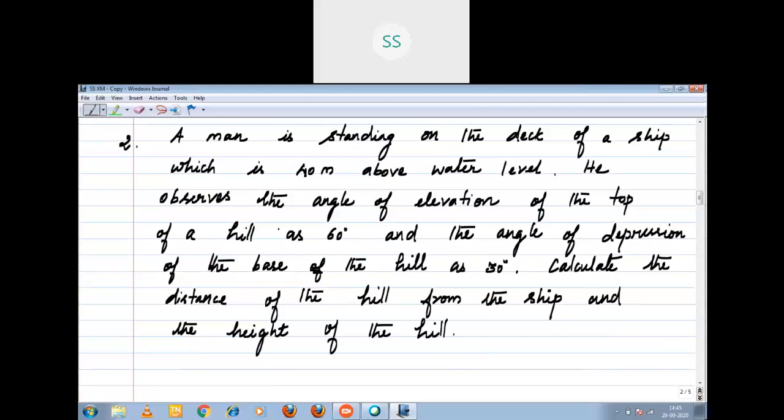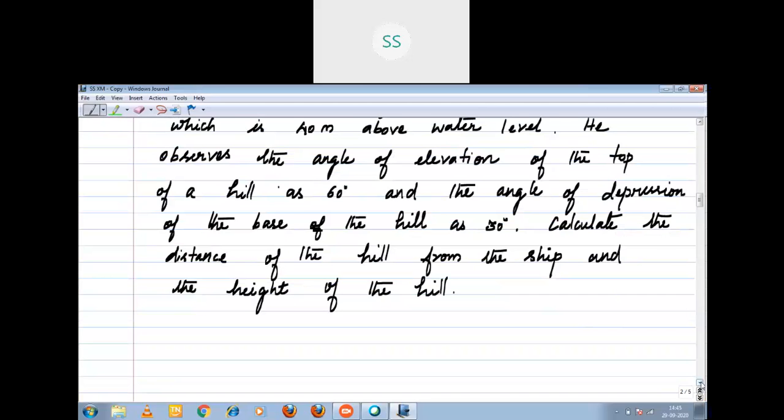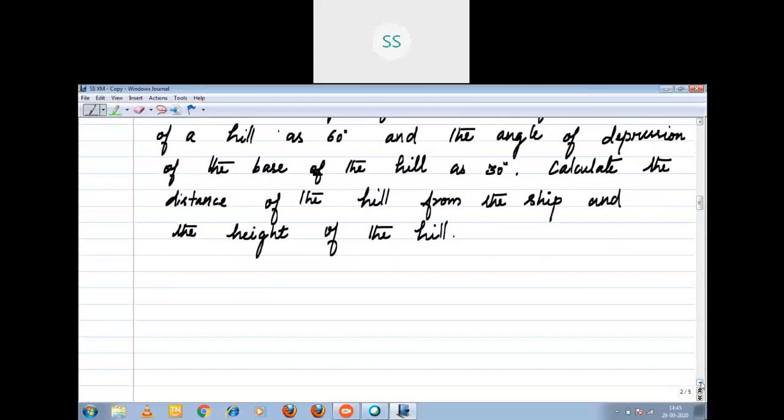You are going to convert this into a diagram, right? How are you going to convert it, you see. A man is standing on the deck of a ship which is 40 meter above, right? Here it is a ship at the top, 40 meter above.